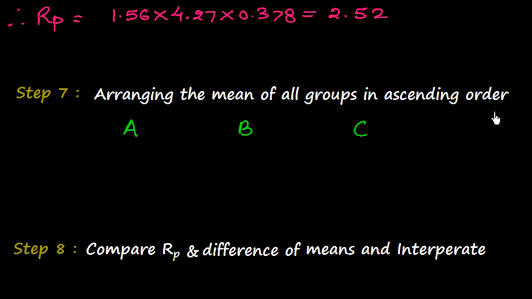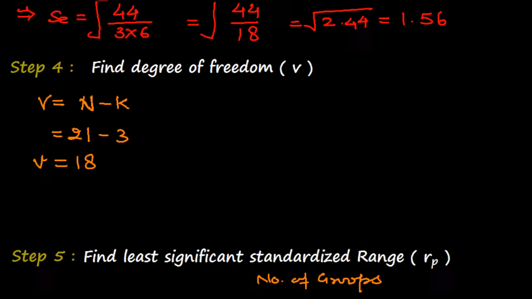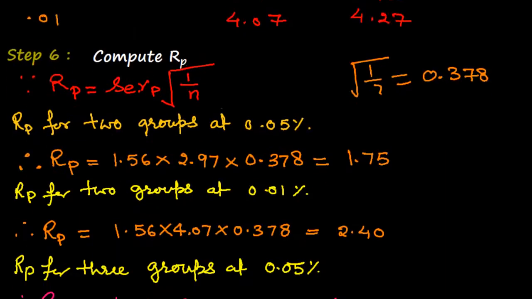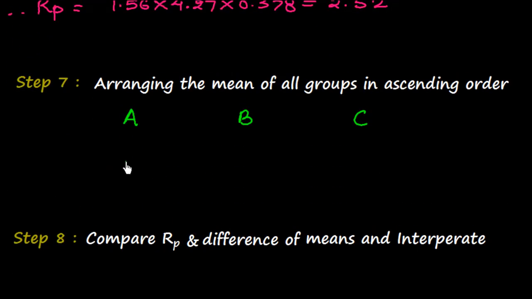The mean of A group is 6, B is 8, and C is 11. So we write it down in this manner: 6, 8, 11. Here I write down the groups, and here the means.